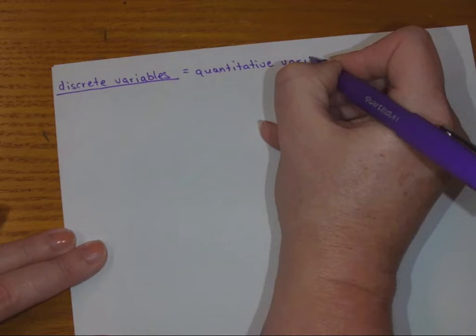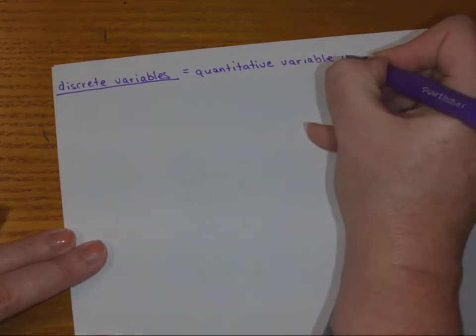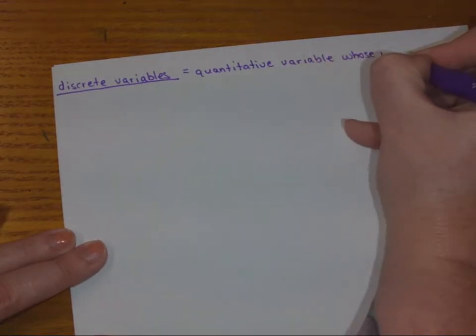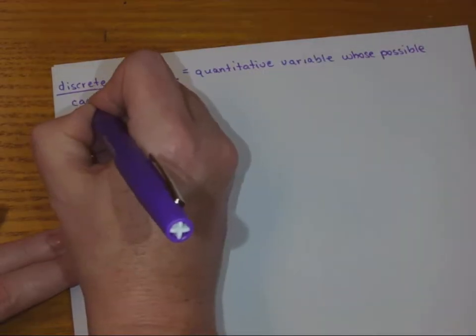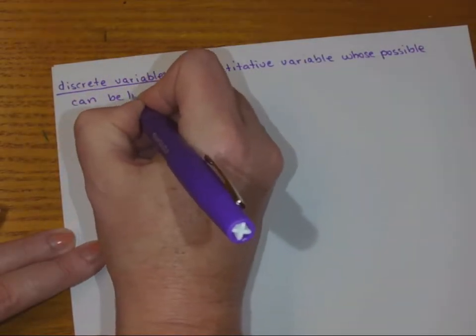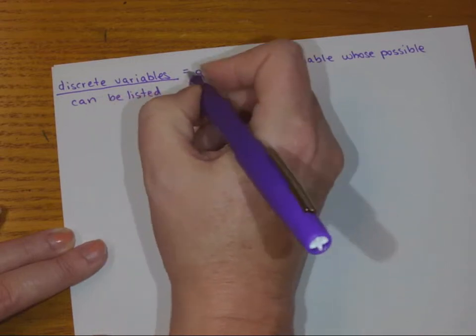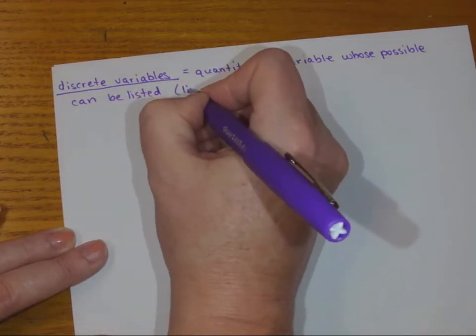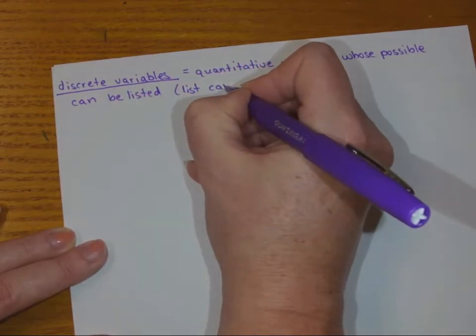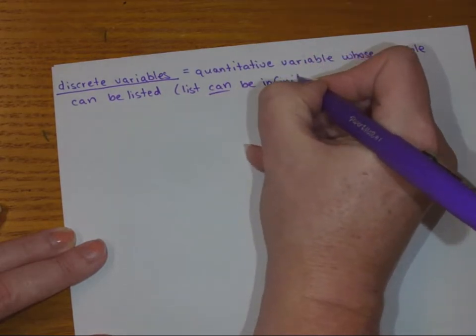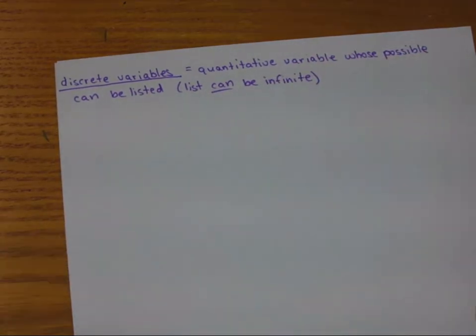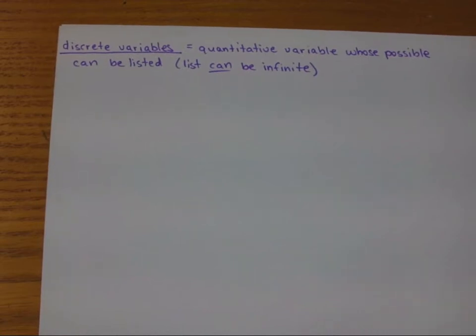So quantitative variables whose possible values can be listed, or at least there can be some sort of pattern for them to be listed. So I'm going to say this here. The list can be infinite. In other words, it can go on forever and ever as long as there would be some way for you to list them and kind of get a pattern going.